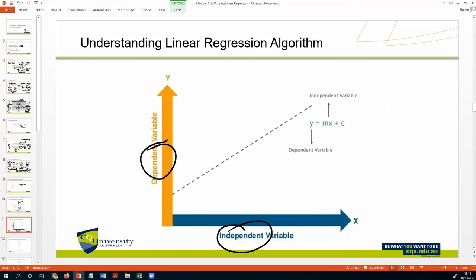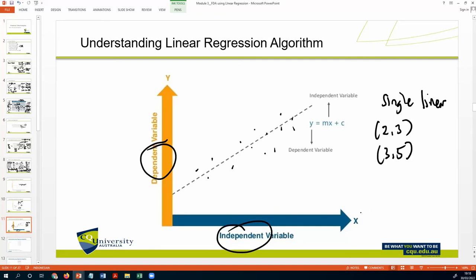If it is a single linear model, linear regression, there will be something like an array, 2.3, 3.5, yeah. So this is the data. This is 2 dimensions, yeah, x and y. So this is the linear regression on the single linear model.